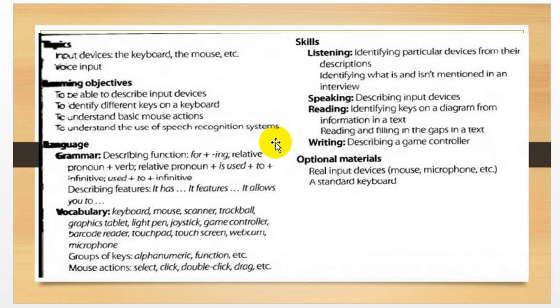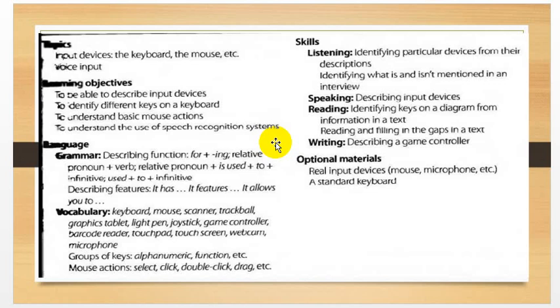And the skills that we will learn from this unit are: in listening, identifying particular devices from their description, identifying what is and isn't mentioned in an interview; in speaking, describing input devices; in reading, identifying keys on a diagram from information in a text, and reading and filling in the gaps in a text.